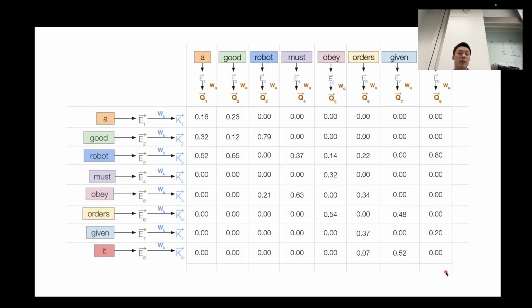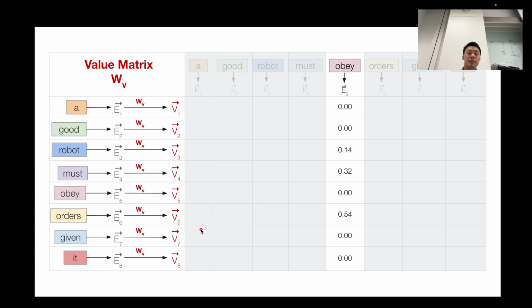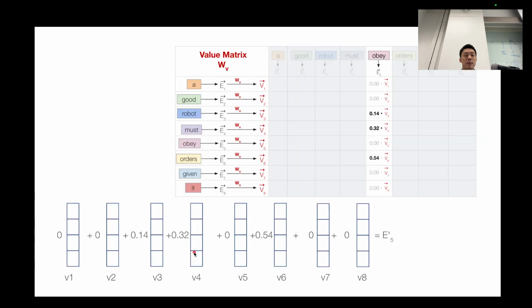Okay? And you normalize it column-wise, so you get the weights, and the weights are the attention. How much attention, how strong is the relationship, and reconstruct new embeddings by using the attention as the weight, and you add up the value vectors according to the attention.